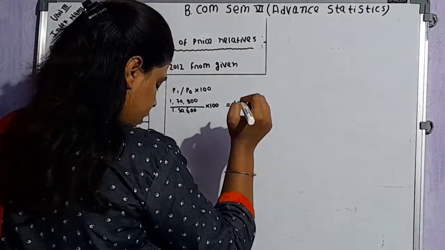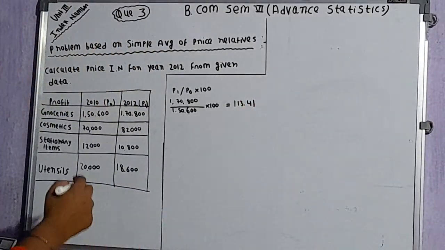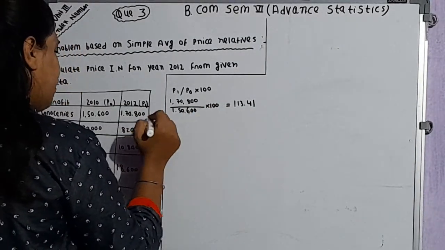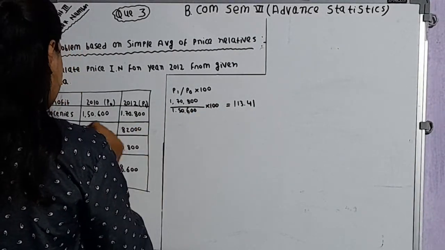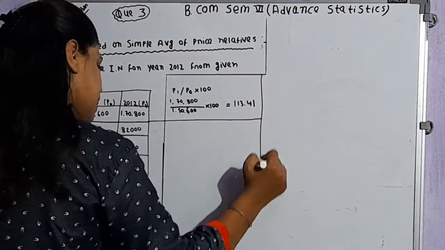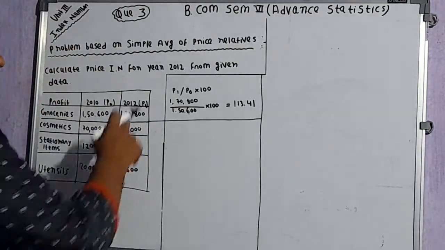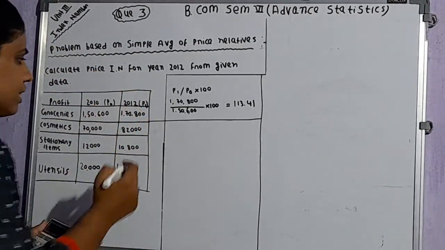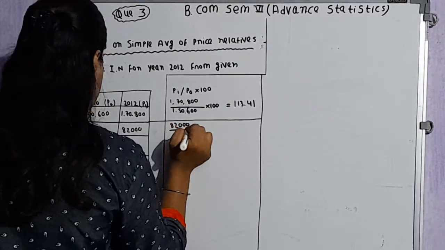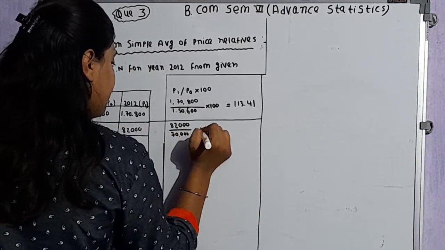For groceries, the price relative is 113.41. After that, we have to compute the price relative for cosmetics. The price of the current year, that is 82,000, divided by the price of the base year, that is 70,000, into 100.